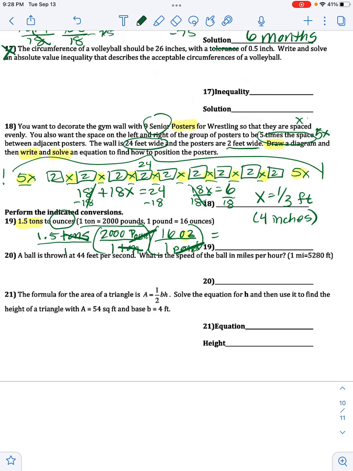And I get as the top value 48,000. But in this case, the bottom numbers are all ones. So 1 times 1 times 1 is just 1. 48,000 over 1 is still 48,000. And this has now been converted into ounces. So if something weighs 1.5 tons, then it weighs 48,000 ounces.